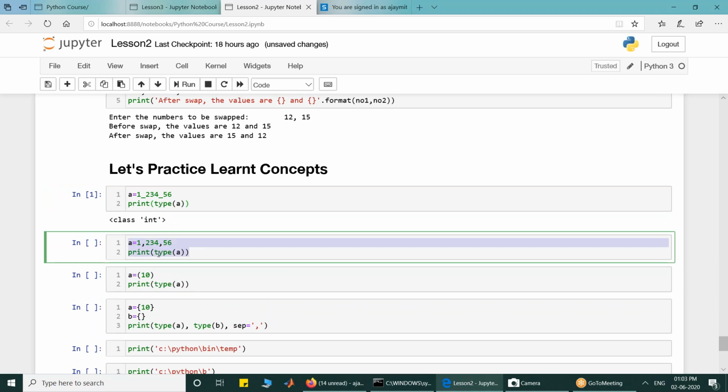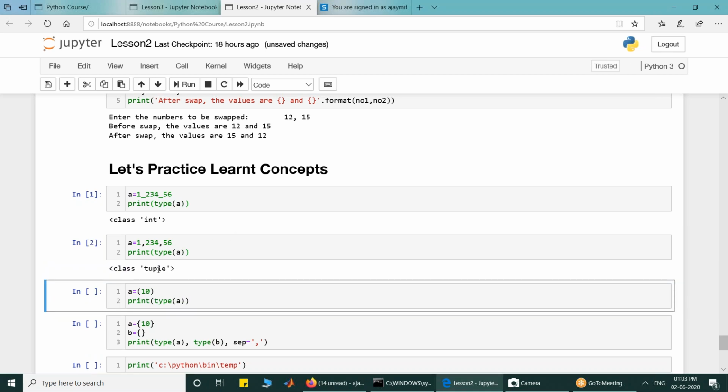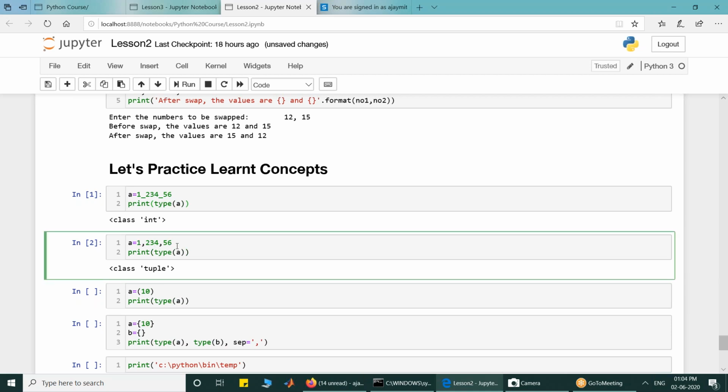What is the output for the next, which is now highlighted? A is 1, 2, 3, 4, 5, 6 separated with commas. What is the output? Many of you are writing error. Let's see. This is a tuple, not an error. It becomes a tuple of 3 elements, 1, 234 and 56.